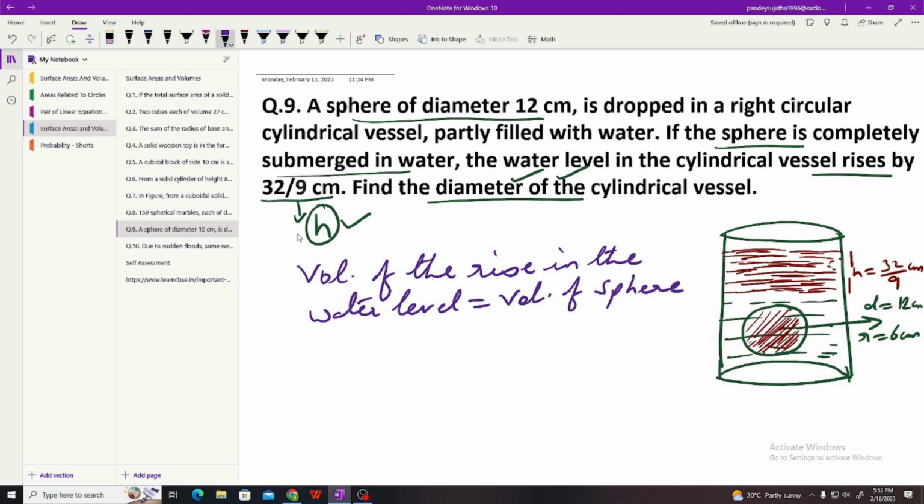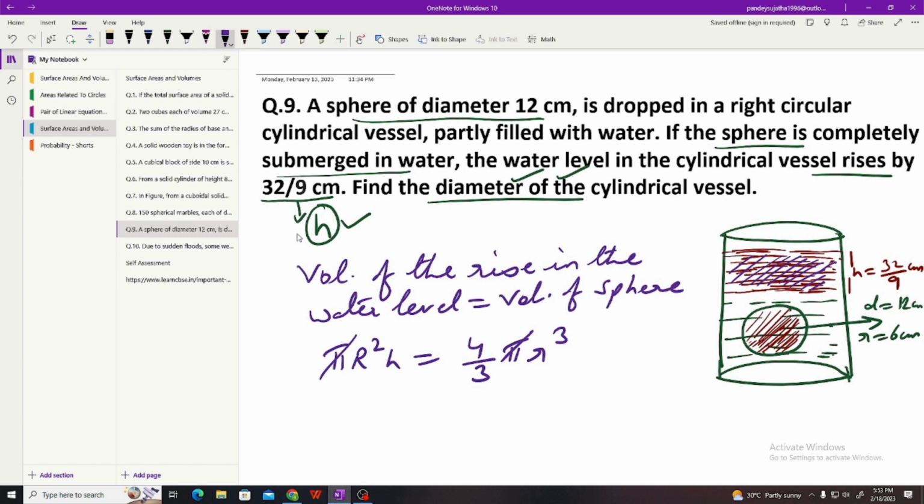Since this is cylindrical in shape, the volume of the water will be equal to pi, I'm using capital R for the radius of the cylinder, pi r square H equal to volume of sphere, 4 upon 3 pi r cube.